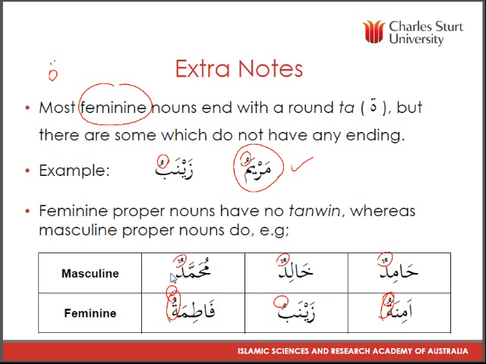Look, Hamidun, Khalidun, Muhammadun. But there are exceptions for this one. For example, brother said, my name is Hamza. Hamza has what at the end, brother? Te, yeah? The circle te, but it is an exceptional name. Like Maryam has no tanwin, but it is a proper noun for feminine.